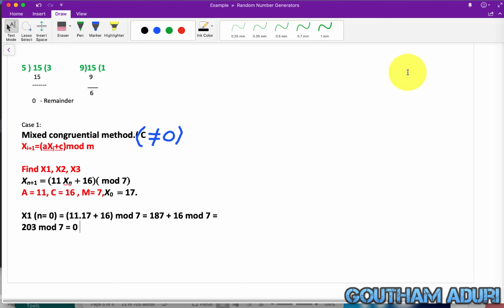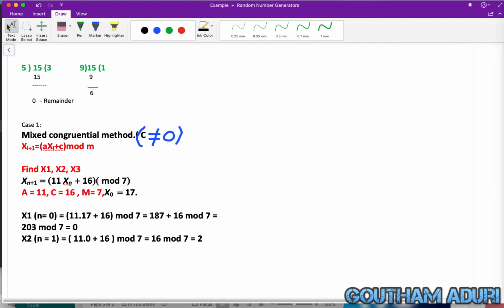The next one is x2, for n equal to 1. So here, 11 into x1, which is 0, plus 16 mod 7. So 16 mod 7. Since 16 is greater than 7, you divide it, and it should be 2.